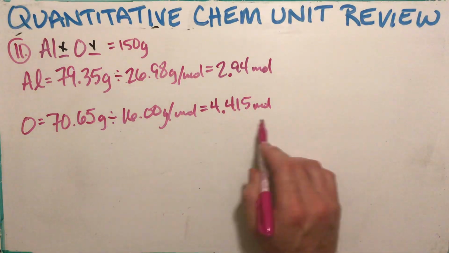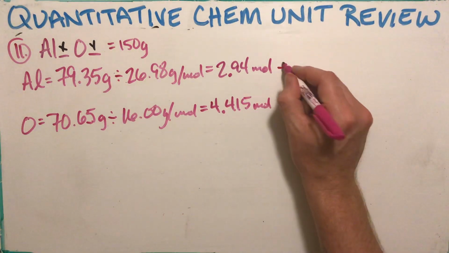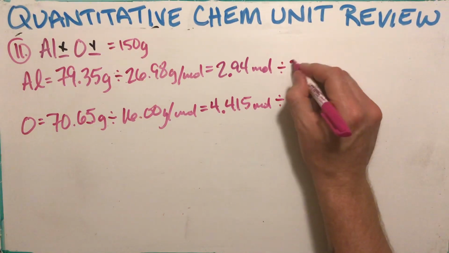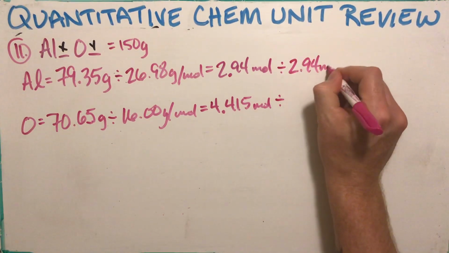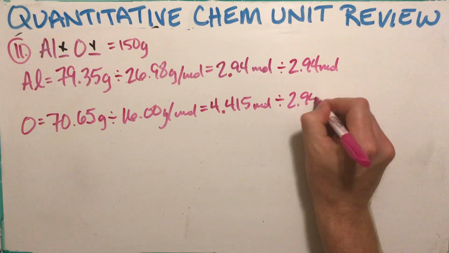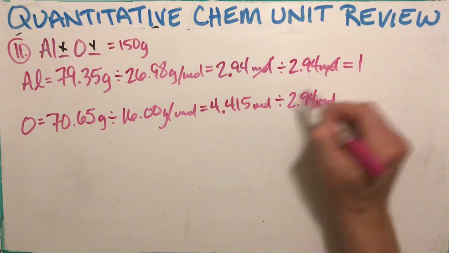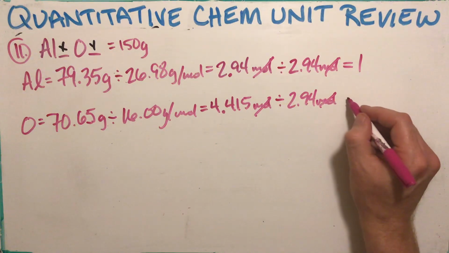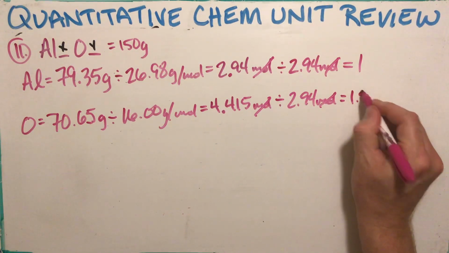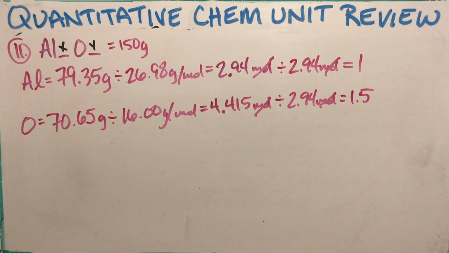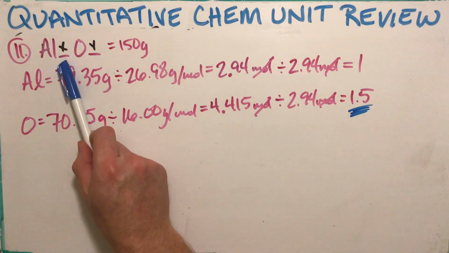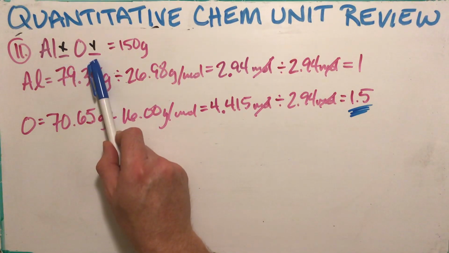So I have the molar amounts for each element. I'm going to divide by the lowest mole number. So that's the 2.94, and they both get divided by that. This one obviously is 1. Moles divided by moles will cancel. And this one is 1.5. So again, this is a problem. It's not a nice, neat number. I can't have a formula of Al1, O1.5.